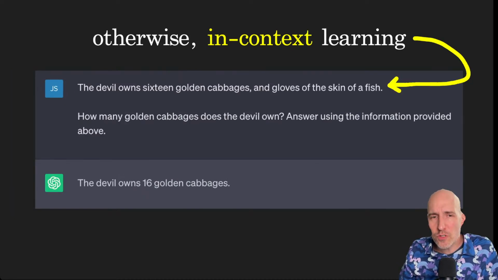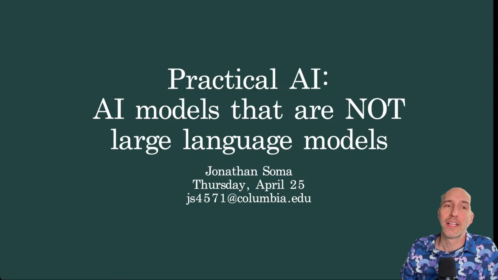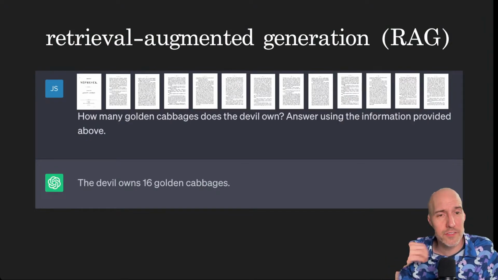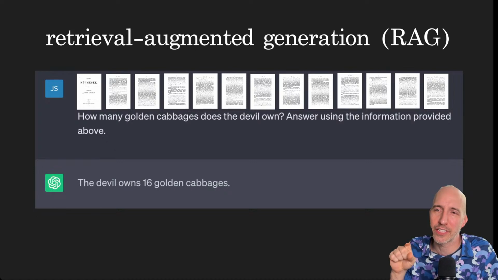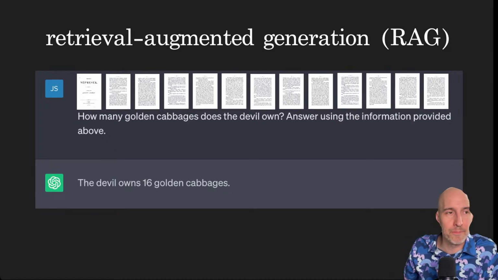But usually what you want to do is say, hey, AI, based on the information I'm giving you, answer this question. And that's how chatbots work, right? They get a ton of information, and then you say, based on all of these PDFs, or text files, or excerpts I'm giving you, answer the user's question.